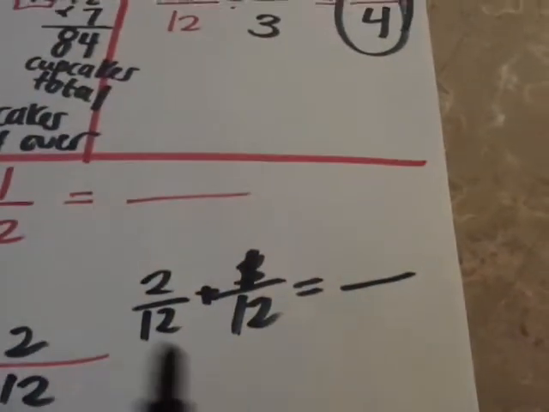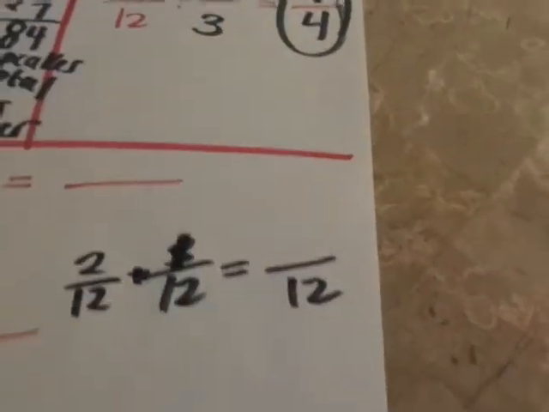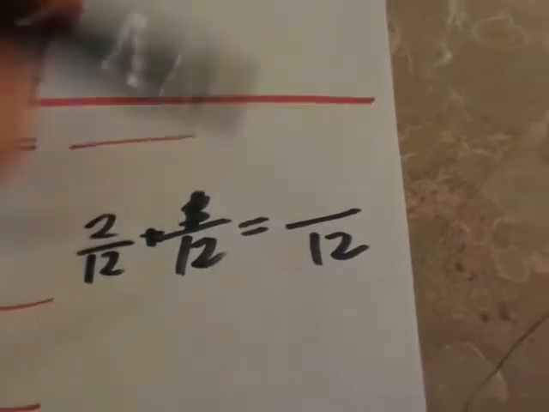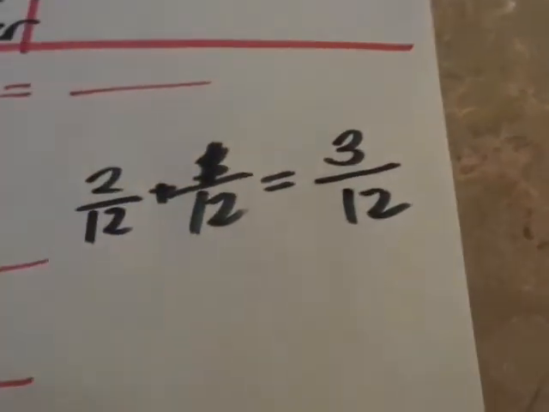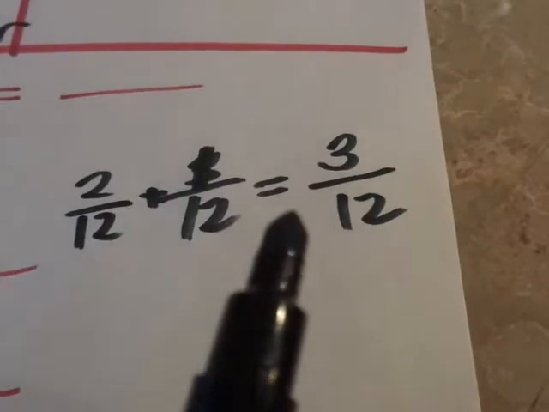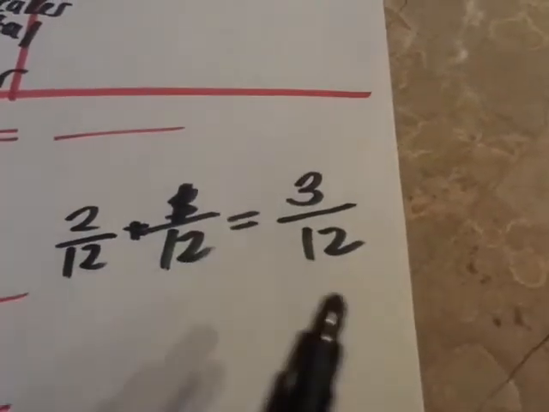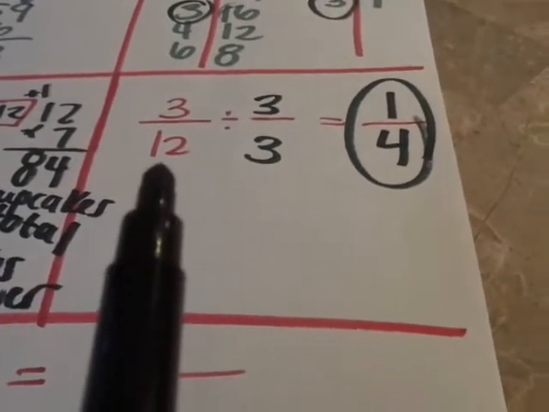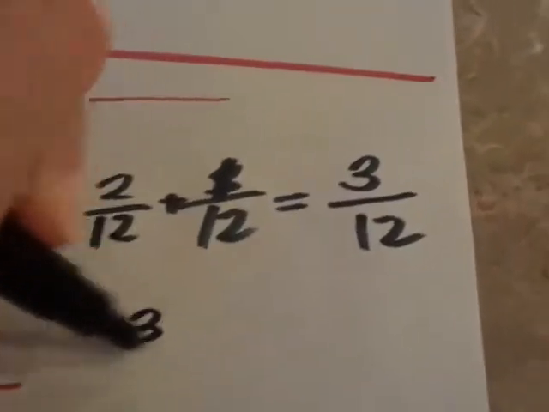So my denominators are the same now, which means it's going to be the same in my answer. 2 plus 1 is 3. So 3/12 is my answer, but I should not finish there. I have to ask myself if 3/12 can be reduced. If I look up here on my other question, I saw that 3/12 can be reduced. The GCF is 3, and so it can be reduced to 1/4.